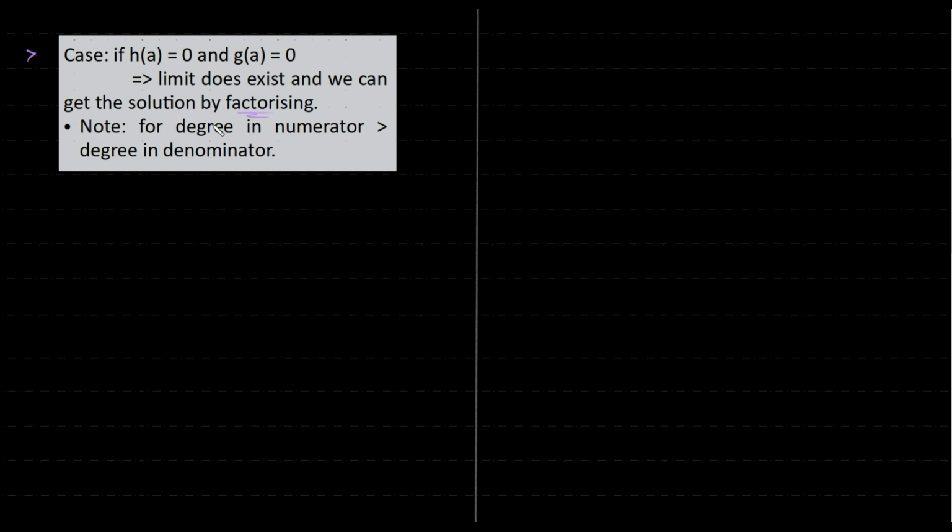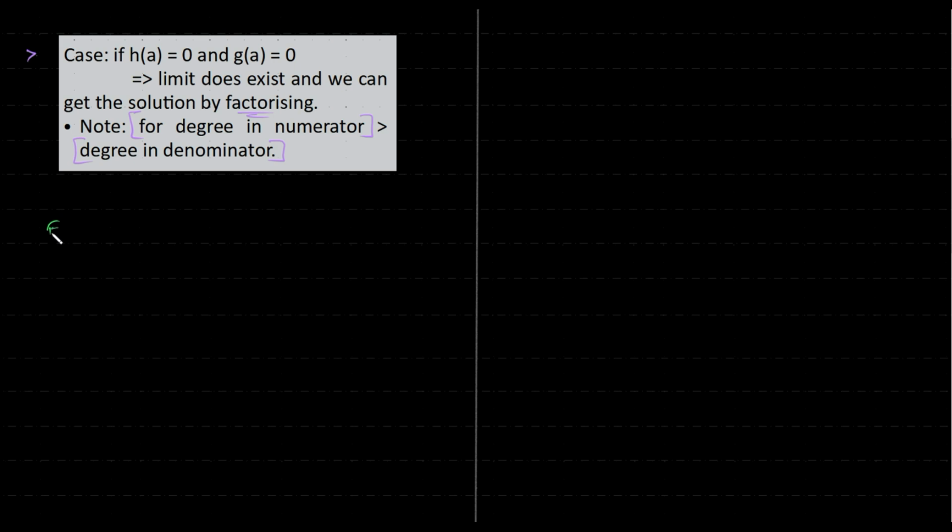How can we factorize? That is your normal splitting of the middle term, or there are many other methods. One more additional condition: the degree in the numerator should be greater than the denominator. Again, if the degree in the numerator is lesser than the denominator, then the limit does not exist. So with all of these conditions put together, we have the limit existing.